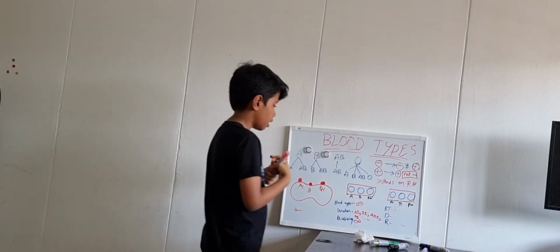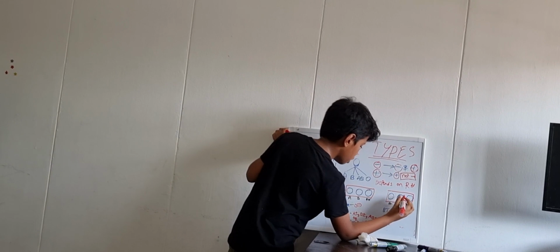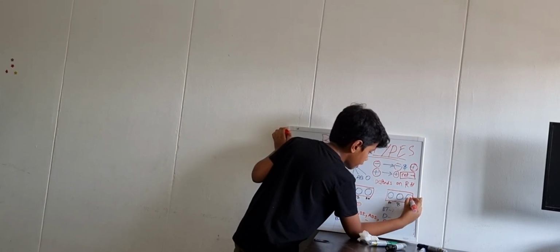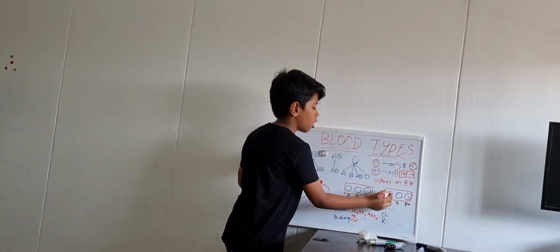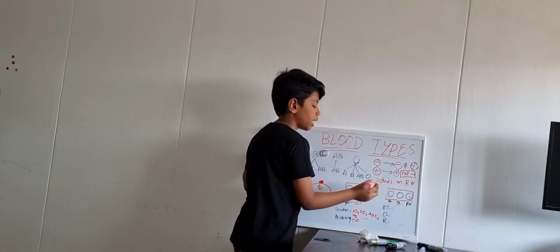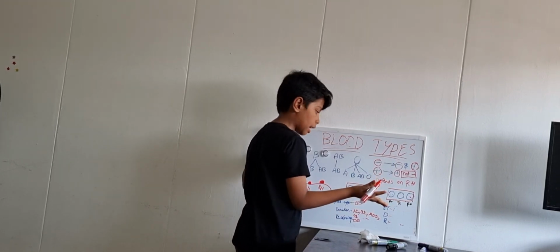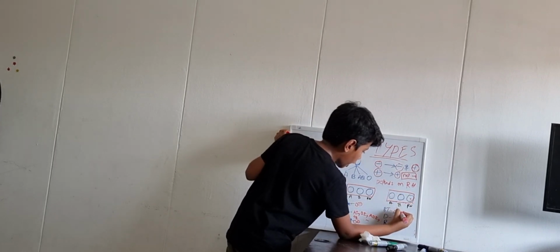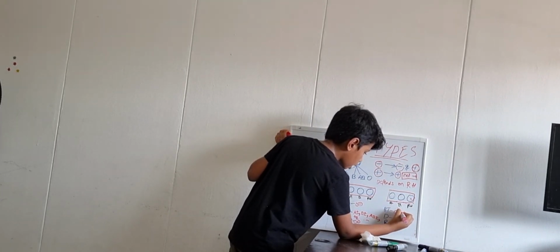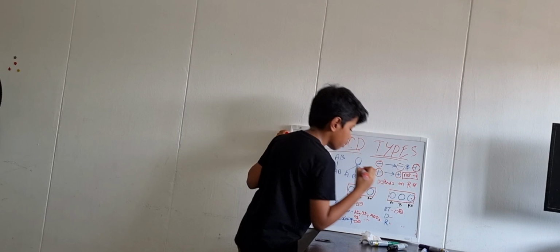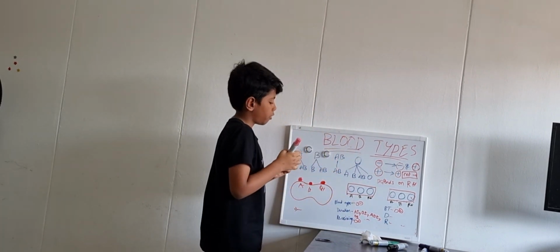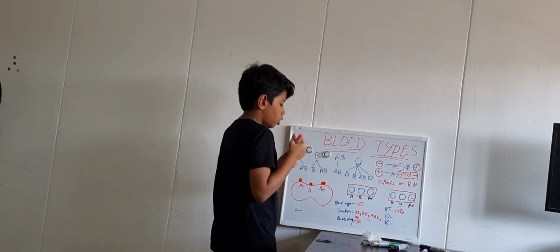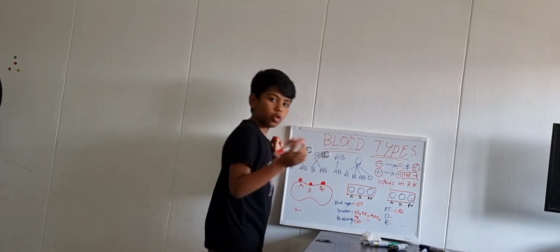Okay? Now we will move on here. If there is no clumping in the RH, if there is no clumping in A and B, it means that you are O. And if you are having an RH, you are having a positive. Got it? O positive. Now, for the donation, he is the universal donor.